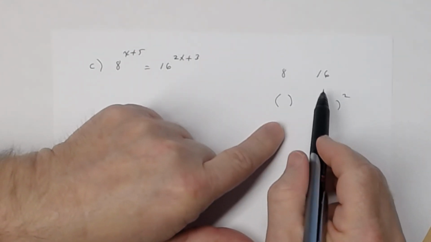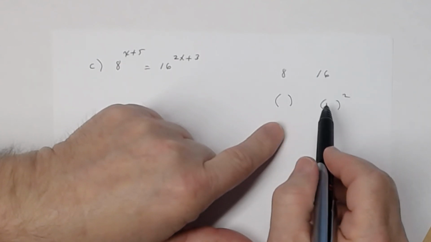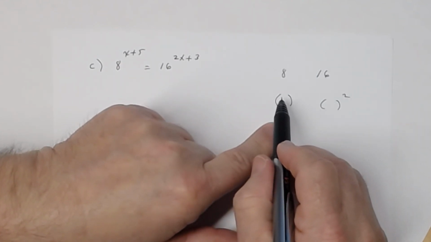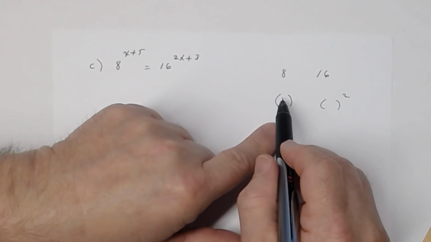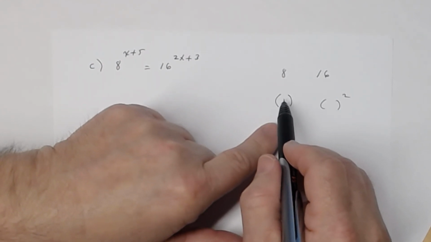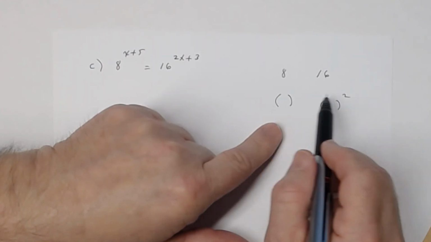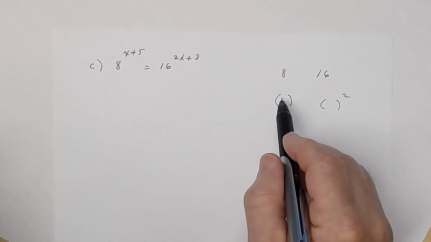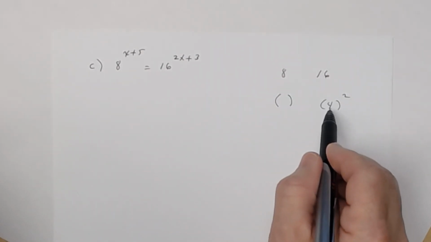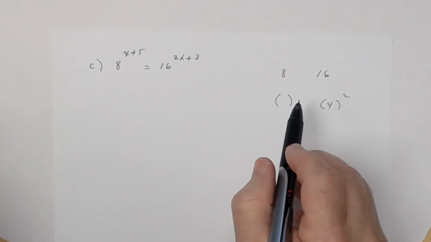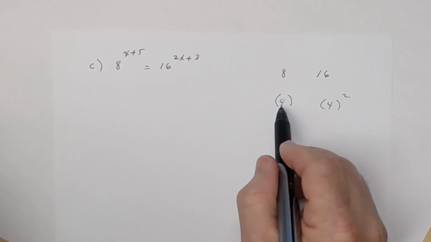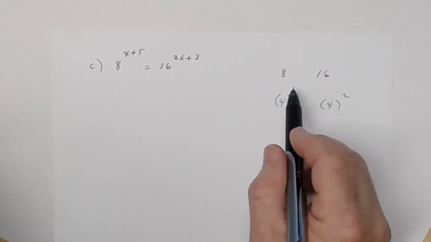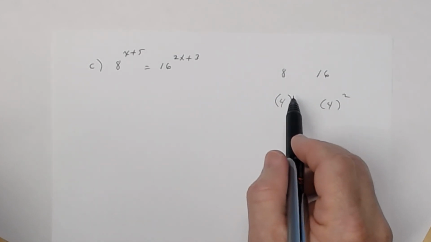Now be careful, some students are going to say, well, I'm going to rewrite 16 as 4 squared, and then someone else is going to say, I'm going to rewrite 8, but remember, your exponents here will have to be integers. So if you put this as 4 squared, which is what 16 is, then you want to rewrite 8 as 4 to an integer power.